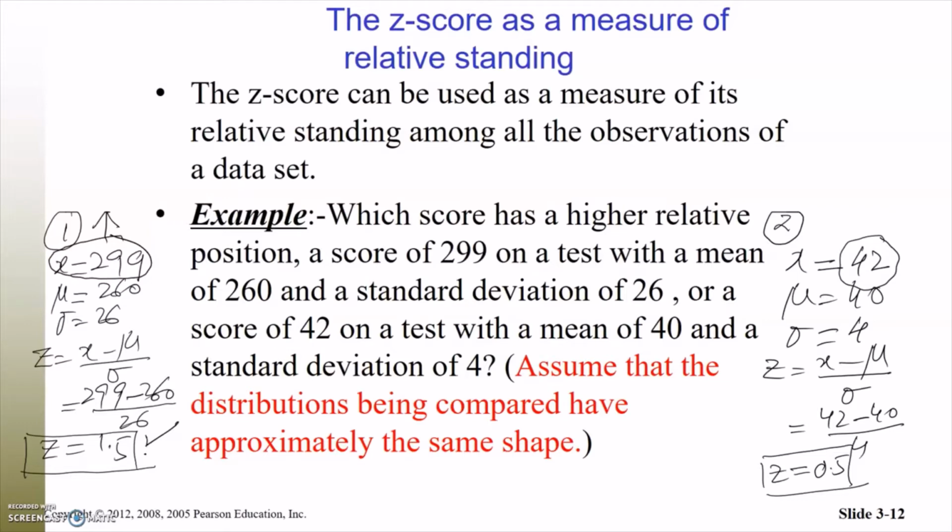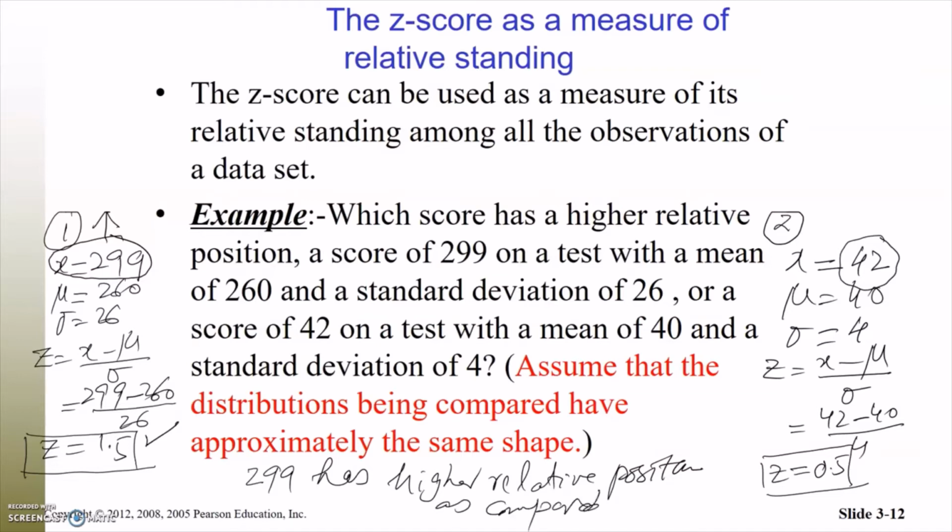So a score of 299 has a higher relative position as compared to a score of 42. So the z-score can also be used to find out the relative position of data values. We want to compare the relative position of the data values in this way. I hope you understand this.